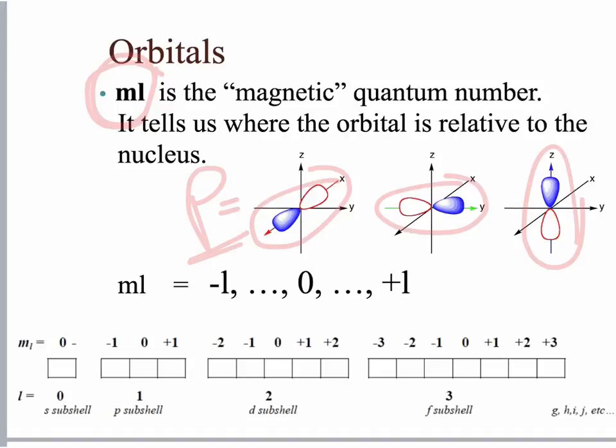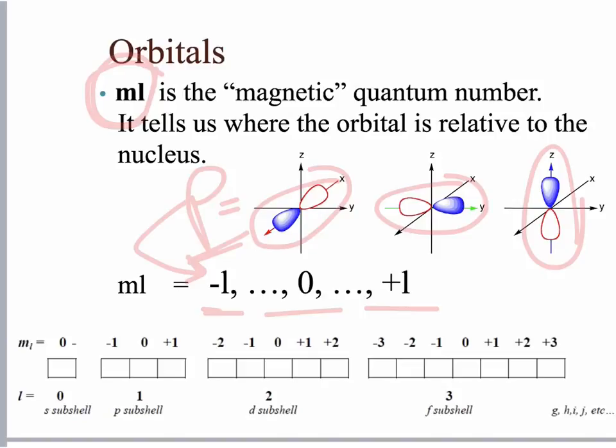In this case, it's pretty easy to count them. Remember that the p orbital equals 1 when we were talking about sublevels? Well, you just take that and now it's -1, and you would go through 0 to whatever the +1 is. Now, in the case of the p orbital, that's all we have: -1, 0, and +1.